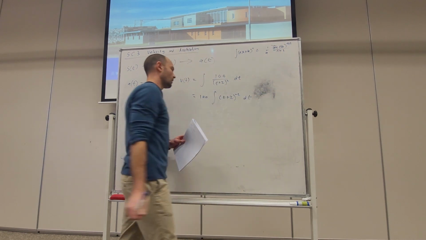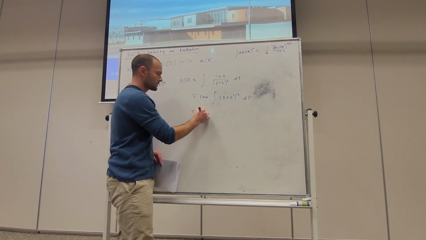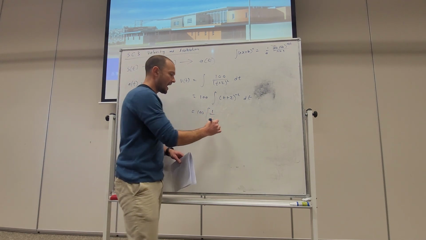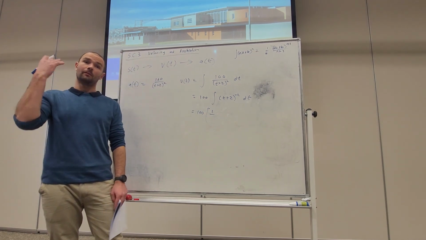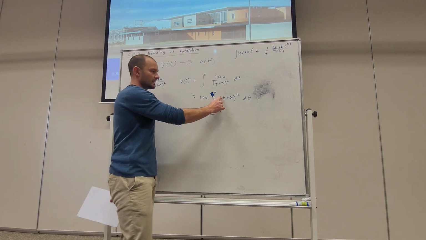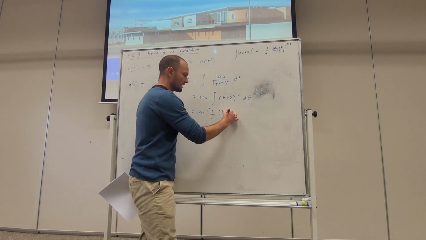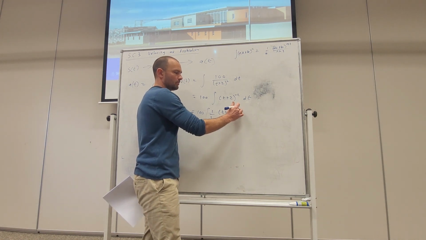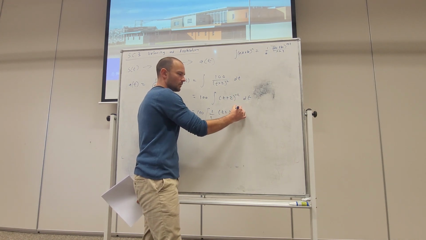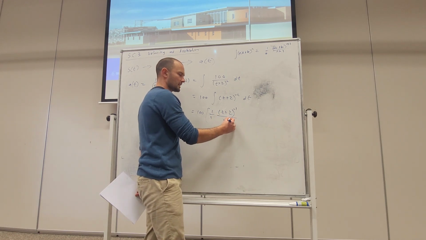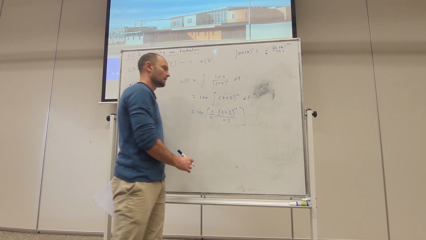So we're just applying that formula there. The 100's going to stick out the front. So I have 1 on a, where a is my coefficient of the variable. My coefficient of t is 1, so I have 1 on a. And then we have (ax plus b) to the power of n plus 1. So minus 2 plus 1 is minus 1. And then on top of minus 2 plus 1, minus 1.